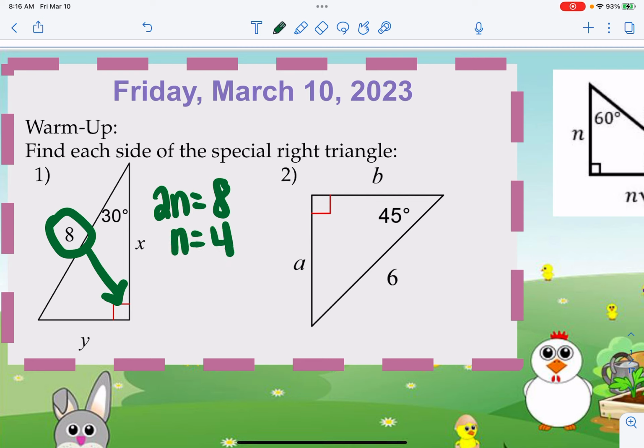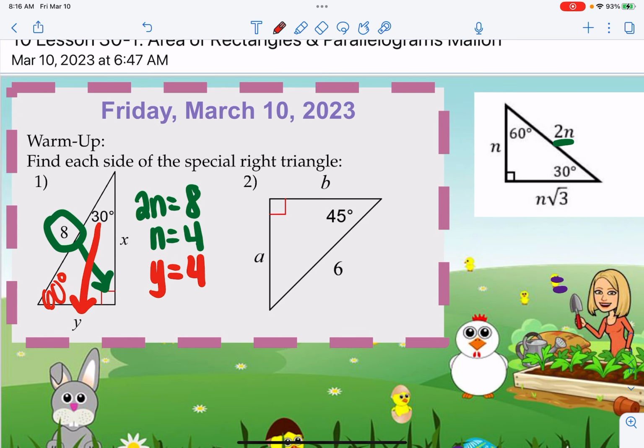From there, n is always across from 30 degrees, and what's across from 30 degrees is y, so y is 4. And then for x, that's your 60-degree angle. In your ratio, it's n root 3, so for x you're just going to have 4, which is n, and then add a root 3. So these would be your two answers.